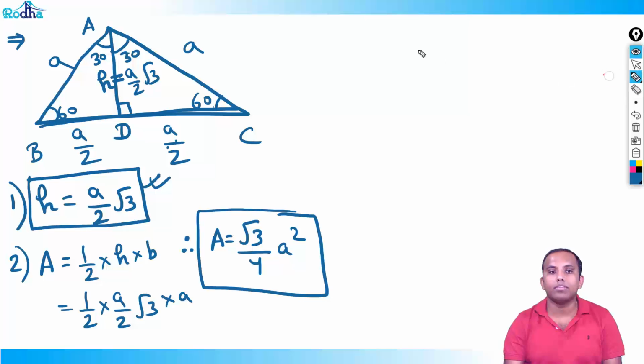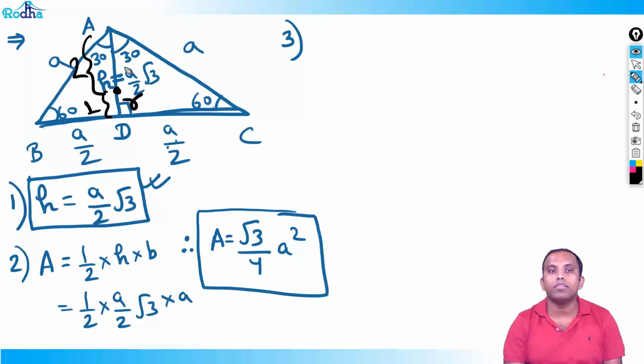Third point is circumradius and inradius, right? We just discussed right now that this point is the circumcenter as well as the incenter. This ratio will be 2:1.